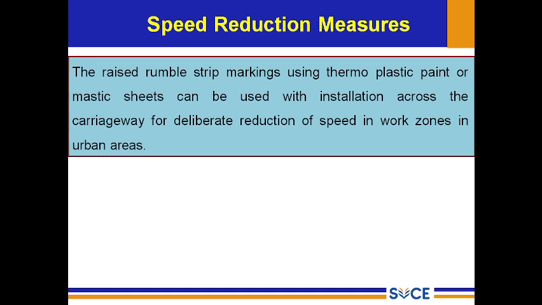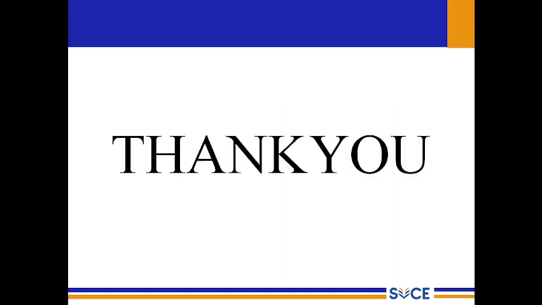If you have a very high speed and should not reduce speed below 50, then you can go with a very smooth arc with a radius of 113 meters and a chord length of 9.5 meters. Again, in circular humps also, the total height of the hump should not exceed 10 centimeters. That is the only thing the traffic engineer must know. Thank you.